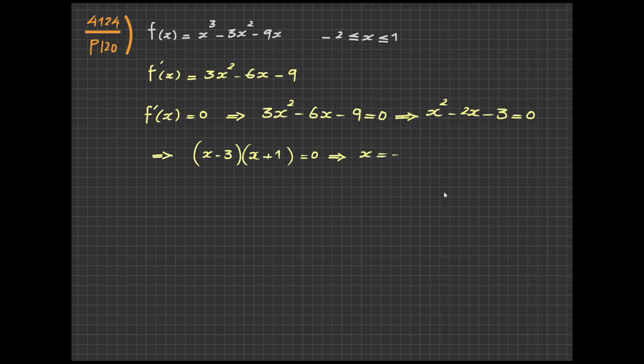One answer is minus 1, and the other answer is 3. Are these both acceptable? No. The big one is not acceptable. Why? Because it is outside this interval. So we will say that only minus 1 is acceptable. Okay, this is not in the interval.